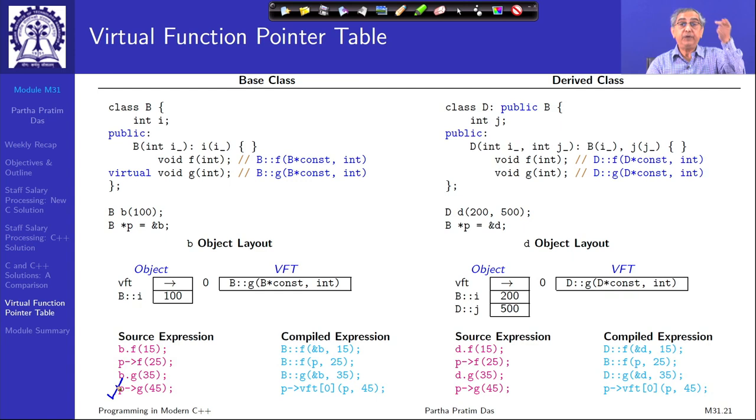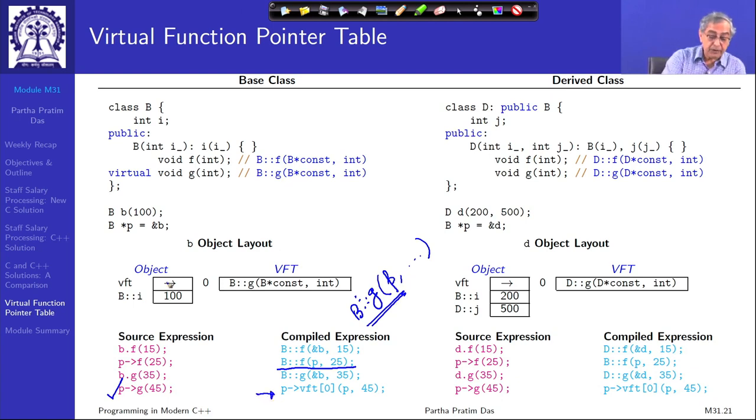Then it will try to do a runtime binding, dynamic binding. How will it do that? It does not know what is the object inside. So, instead of doing B::g passing p and so on, it actually does this.